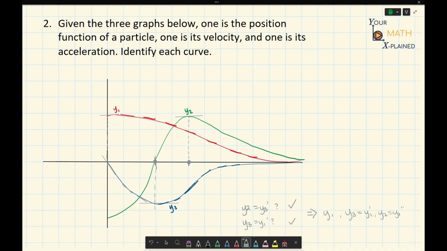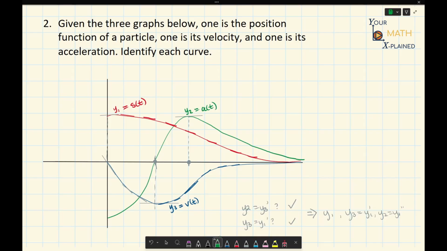So now matching this with our position, velocity, and acceleration, our red curve is the position, so that'll be s of t. y3, which is the blue curve, is going to be the velocity, so that'll be v of t. And then the green curve is the second derivative of y1, so that is going to be the acceleration, which is a of t.